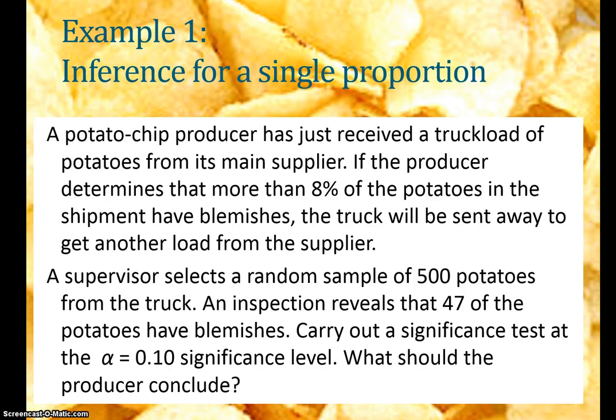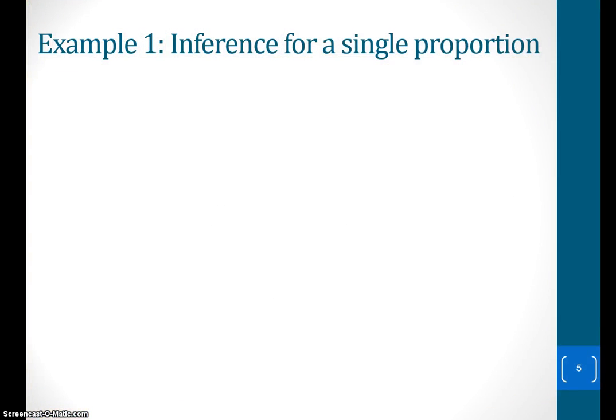A supervisor selects a random sample of 500 potatoes from the truck. An inspection reveals that 47 of those potatoes have blemishes. Carry out a significance test at the alpha equal to 0.10 significance level. What should the producer conclude? Okay, so how would we do this?